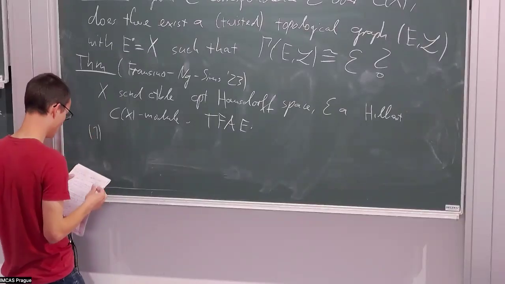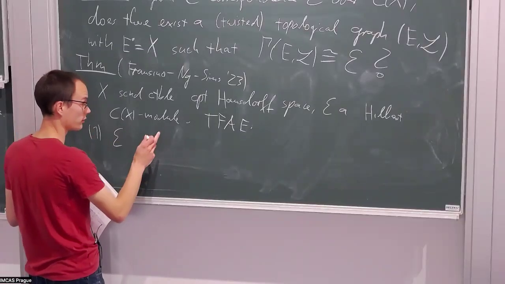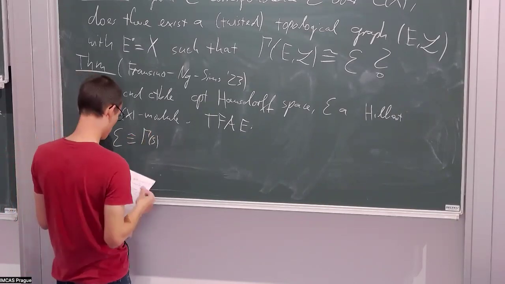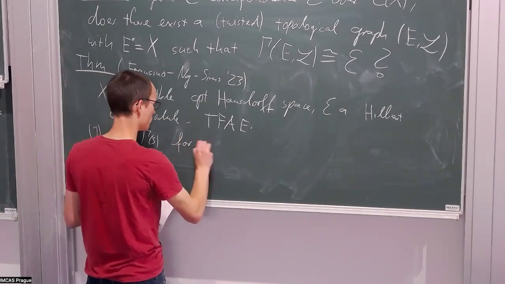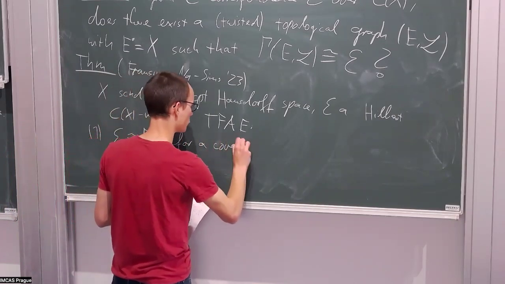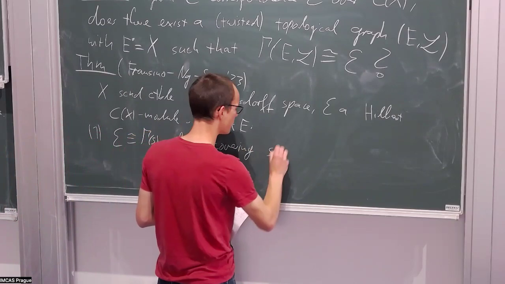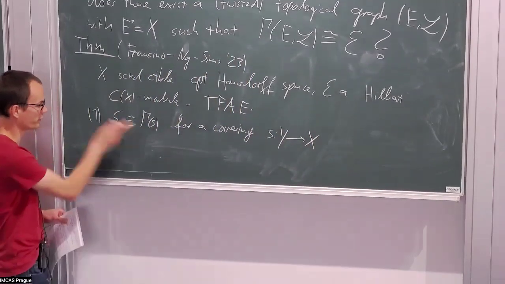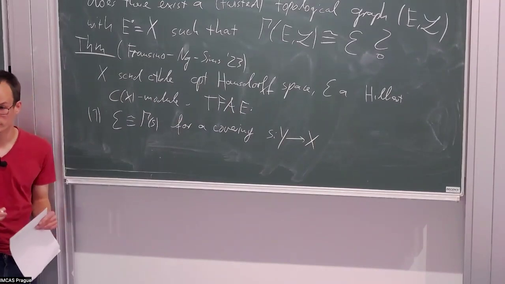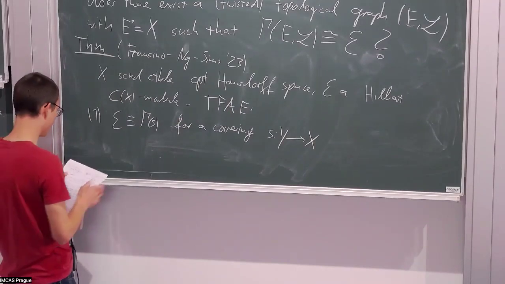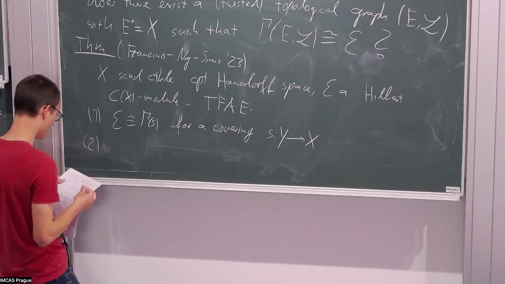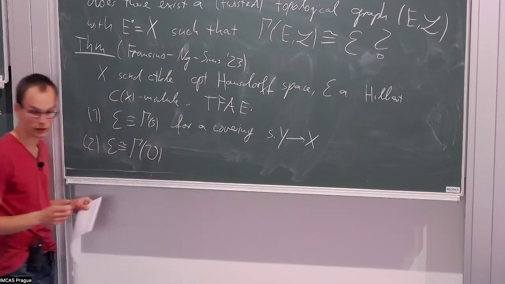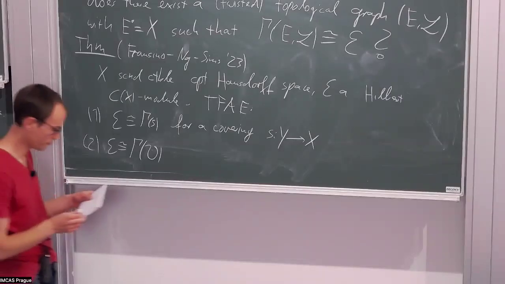So first of all, this Hilbert module is isomorphic to gamma of S for some covering. So gamma of S is this Hilbert module we constructed from a covering above. And the second point is E is isomorphic to continuous sections of some vector bundle.